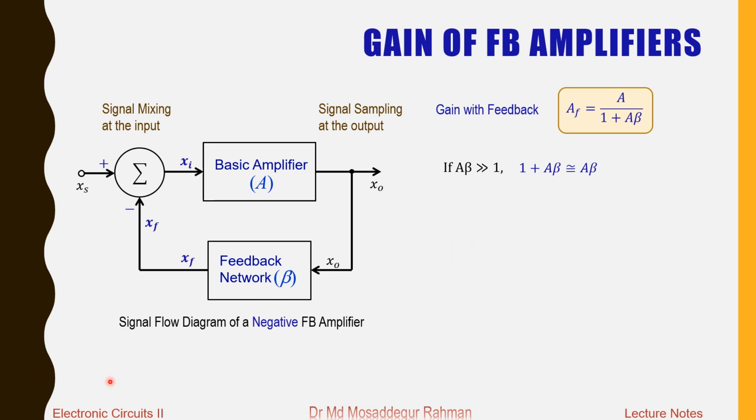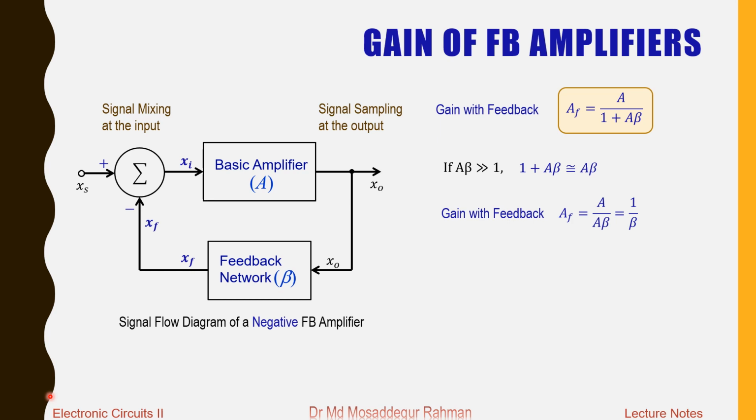Then for the gain with feedback, 1 plus A beta is replaced by A beta, A will cancel out and you get AF equals 1 over beta. So the expression for the gain with feedback reduces to 1 over beta.